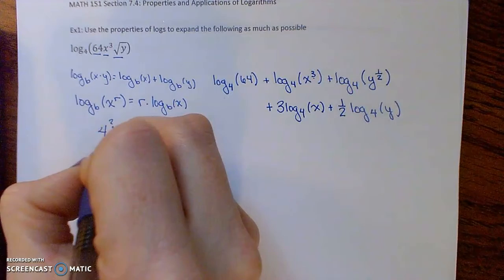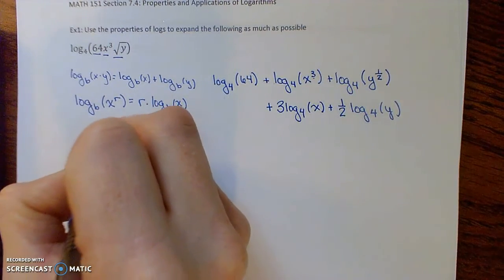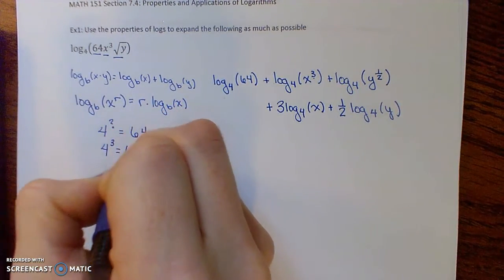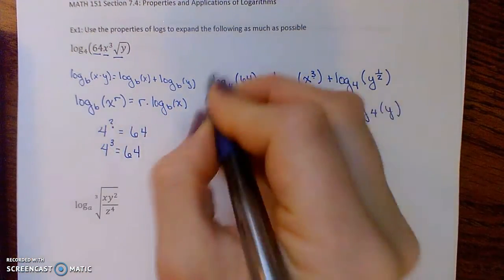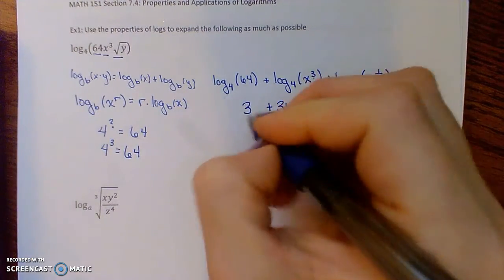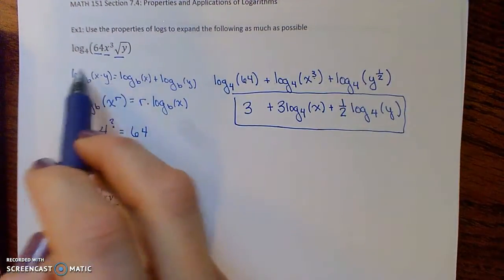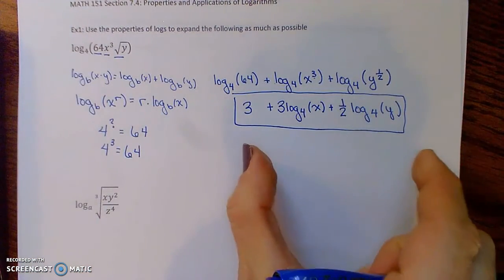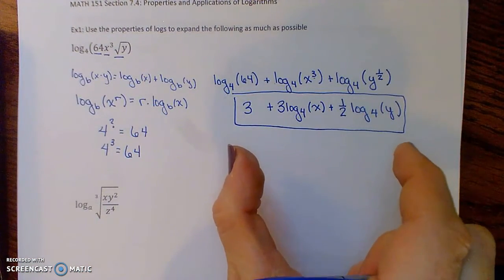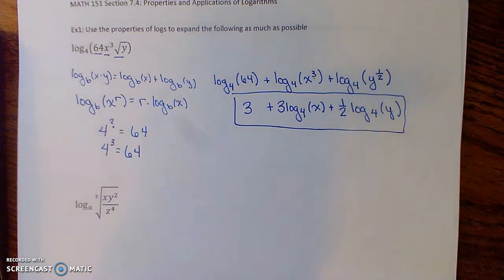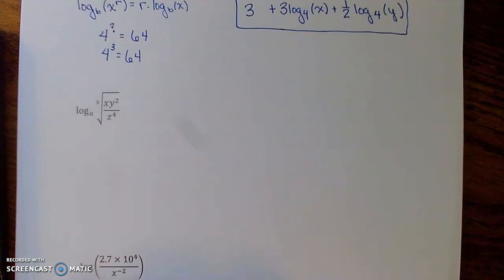So therefore, the power is 3, so this evaluates to 3. So notice what I've done. I wrote this single logarithm, expanded it out to a sum of 3 separate terms. Let's do that with the next example.